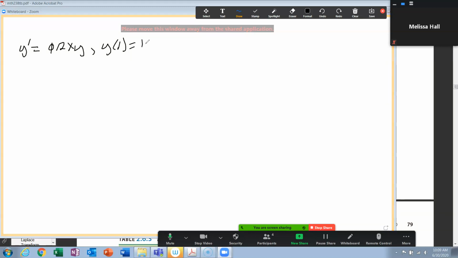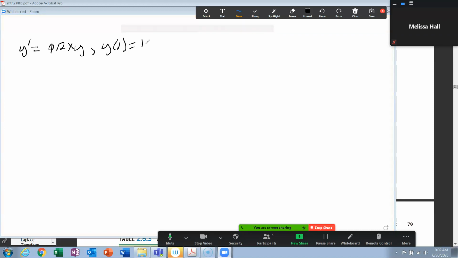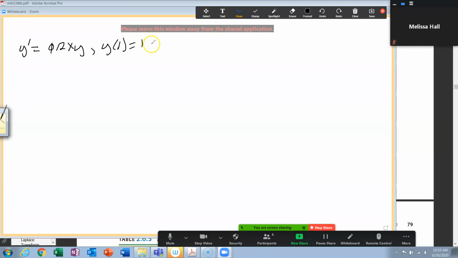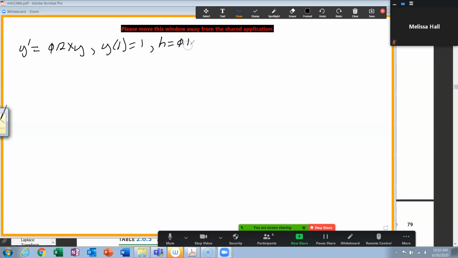Now, we didn't do that with our real solution. We'll go back and do that later. We'll use first h equal to 0.1. By the way, this is your f of x, y, 0.2 times xy.